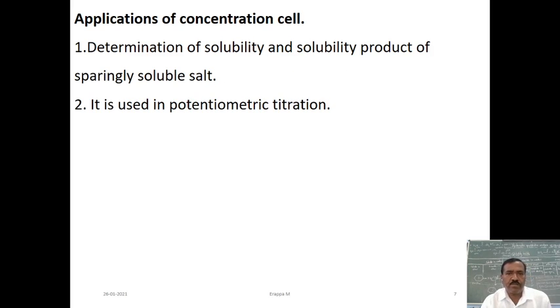Then applications of concentration cell. What is the use of this concentration cell? Number 1, we can easily determine the solubility and solubility product of a sparingly soluble salt. In this session, we are calculating AgCl as a sparingly soluble salt. Number 2, it is used in potentiometric titration.